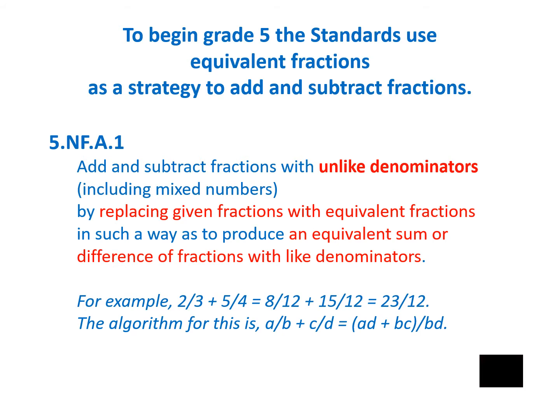The algorithm for performing this operation is the quantity AD plus BC divided by B times D. In other words, we're to find a common multiple of the fraction's denominators, replace the fractions with equivalent fractions having this denominator, and then use these fractions to add or subtract fractions with like denominators.